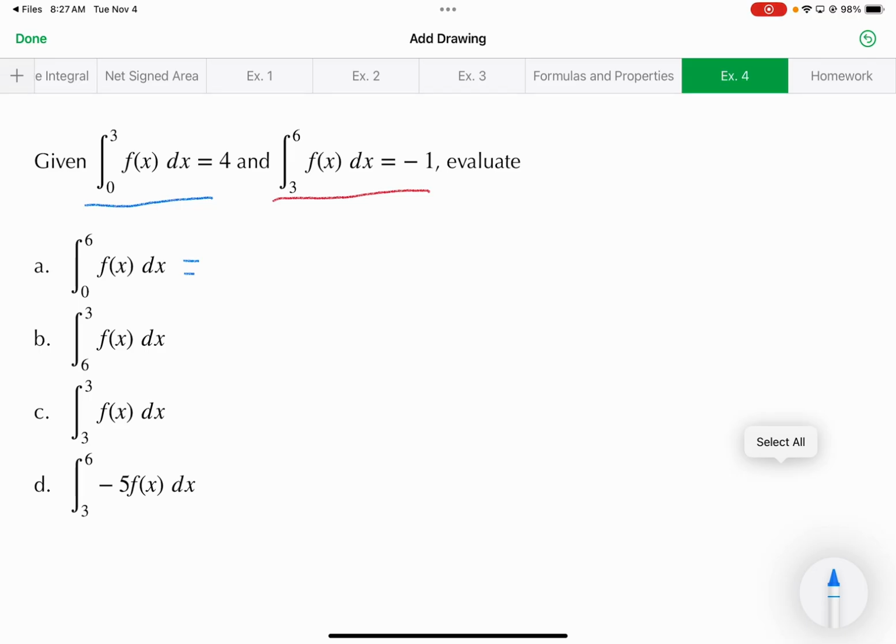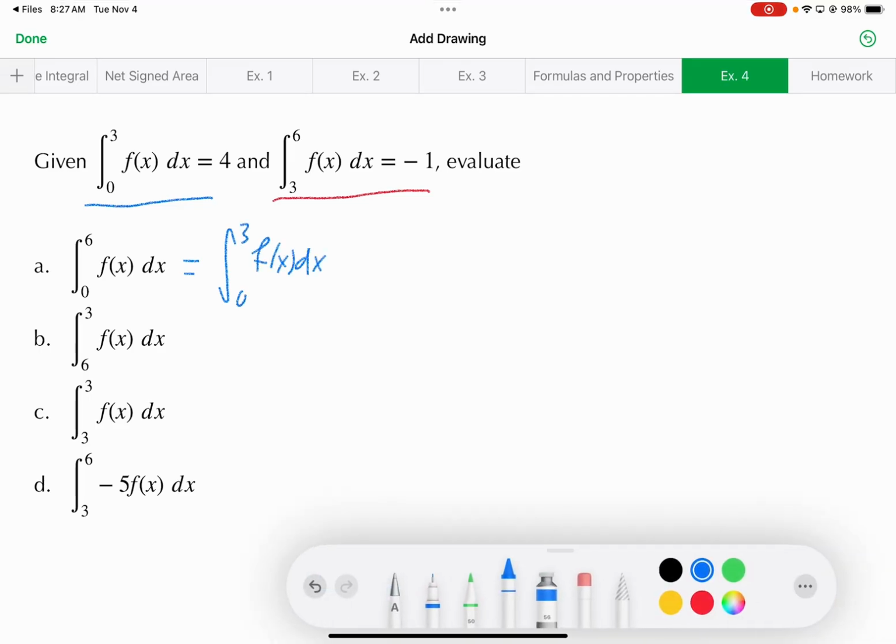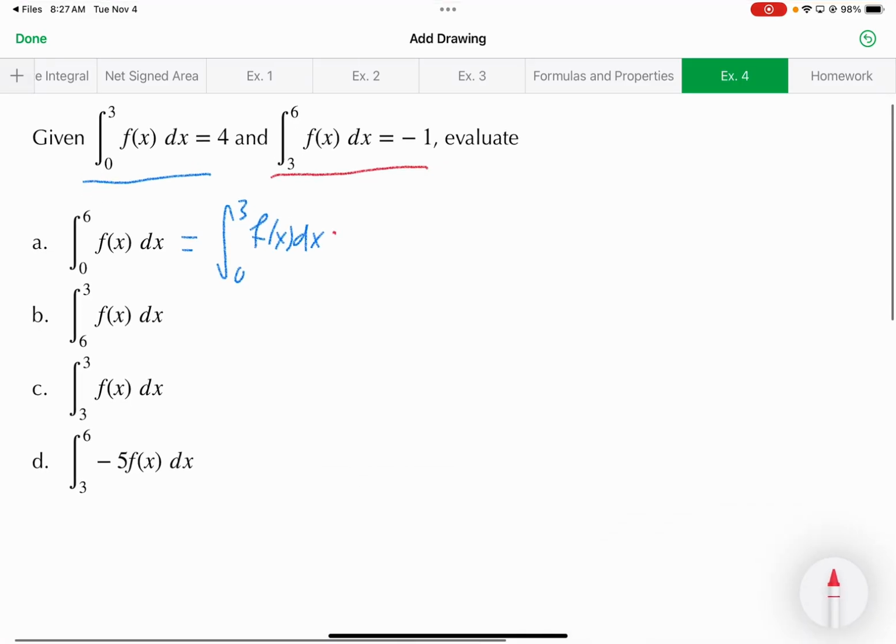All right, I don't know what 0 to 6 is, but I know what 0 to 3 and then 3 to 6 is. So I can say this is the integral from 0 to 3 of f of x dx plus our integral from 3 to 6 of f of x dx.